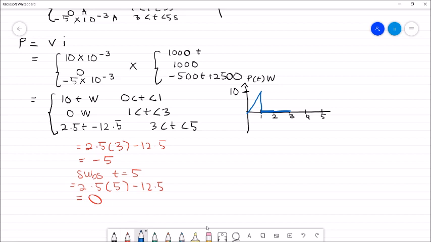So you can draw the graph, which is, let's say this is 5, this is negative 5.